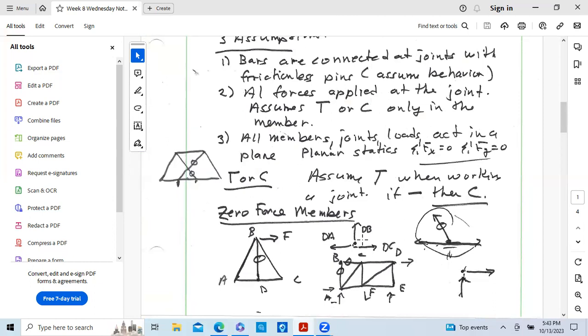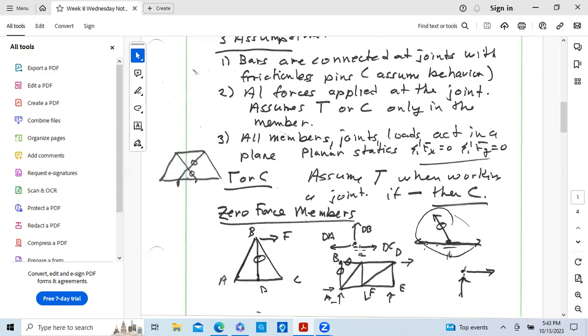Sum forces in the Y, I have DB, but I don't have any other value for that. Sum forces in the Y equal to 0, DB has to be equal to 0. Sum forces in the Y, equilibrium. This is not in equilibrium if DB has a value.